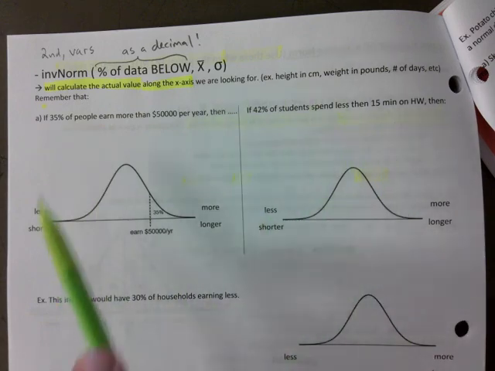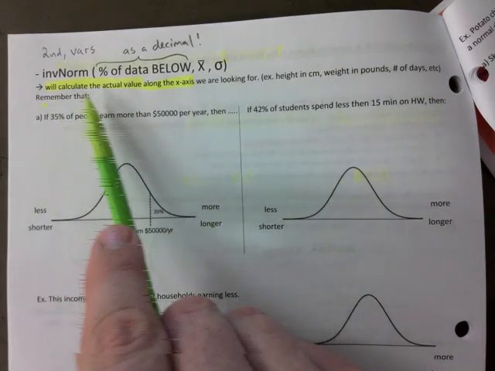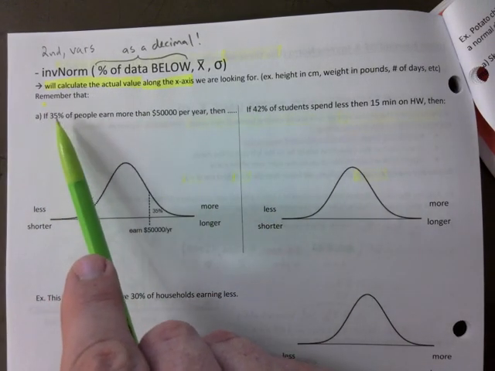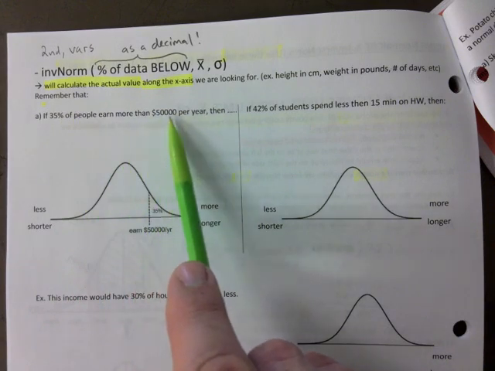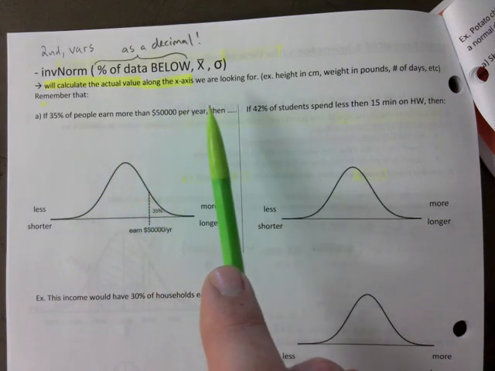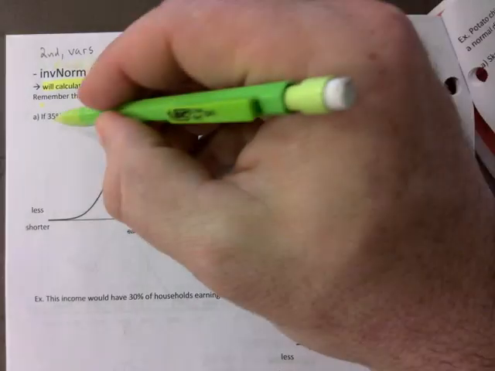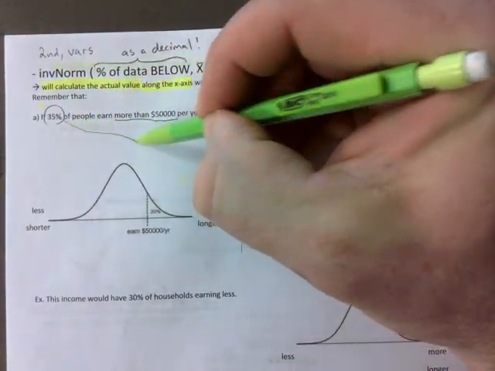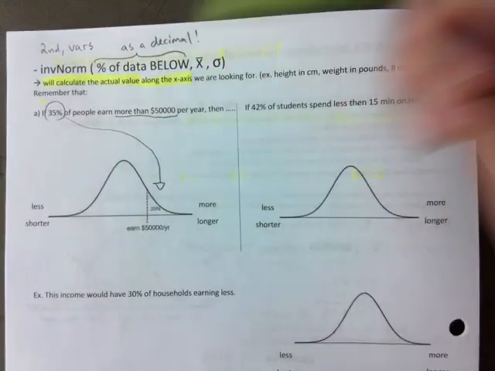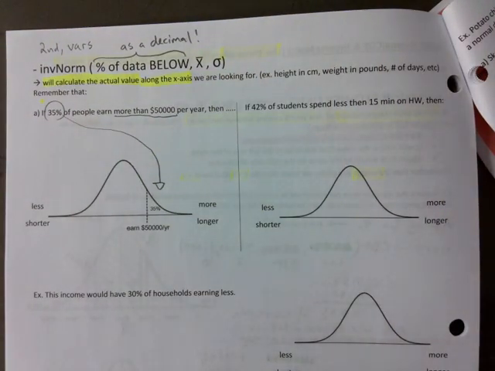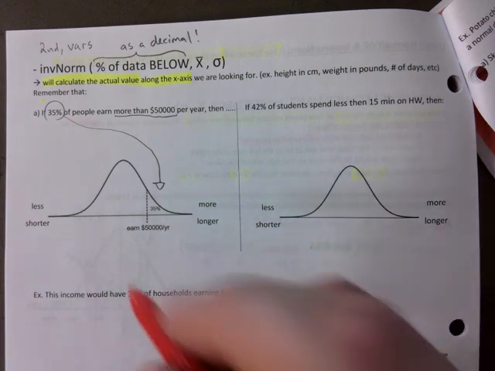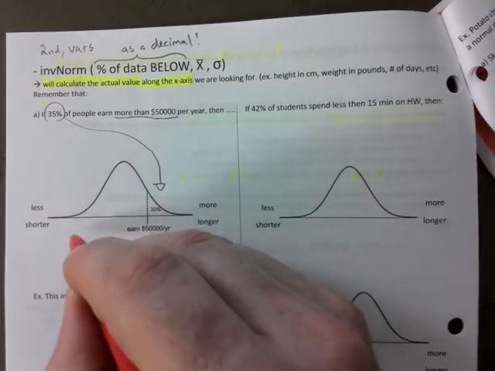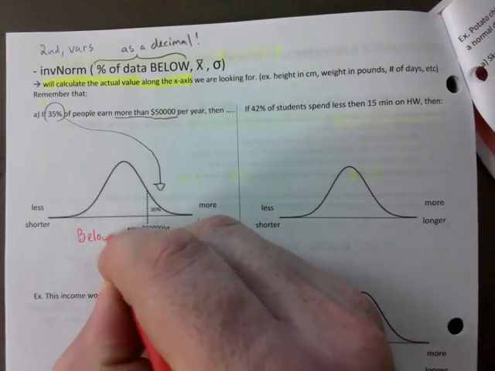Just before we jump in and use this, I want you to remember that if 35% of people earn more than 50,000 a year, that tells you that it's 35 there. Which means, how many are below? Because that's what we're always interested in.